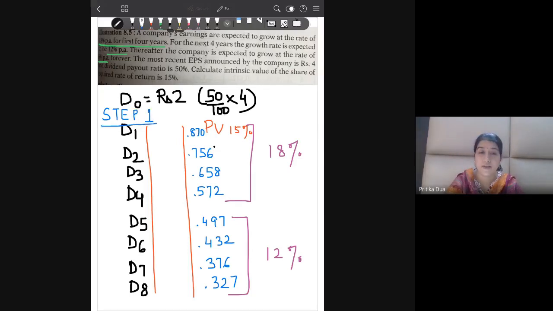If anyone is having any question, you can unmute yourself and ask. Any question, anyone? Please put in the chat box what are the dividends coming.